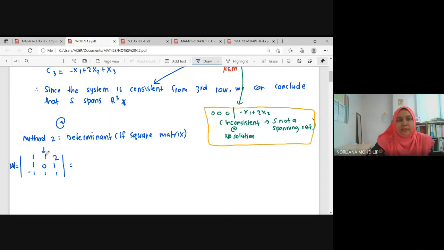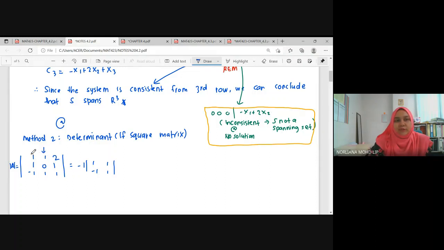So, positif, negatif. Negatif 1. Okay, ni tutup lah. So, akan dapat 1, negatif 1, 1, 1. Negatif 1. Okay, so saya pilih ni.